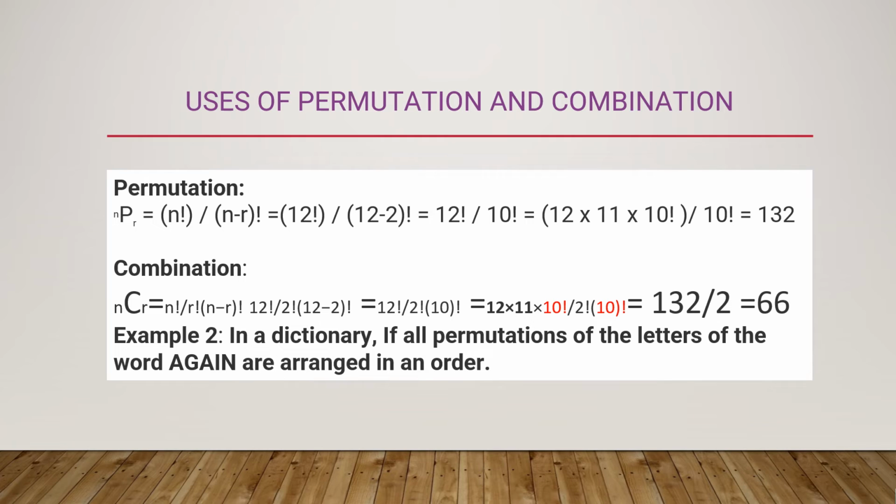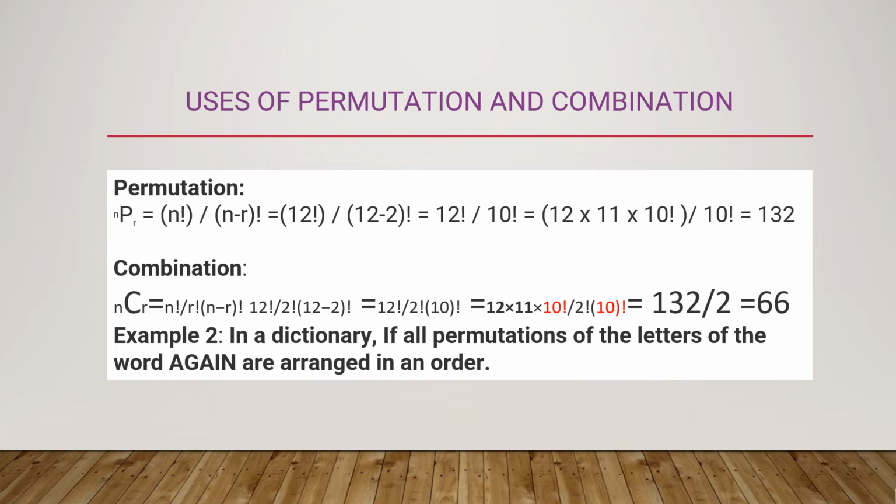So that's 12 factorial divided by 12 minus 2 factorial, which is equivalent to 12 factorial divided by 10 factorial. So we expand 12 factorial, that's 12 times 11 times 10 factorial, in order for us to eliminate 10 factorial as our divisor, and we get 132 as our permutation.